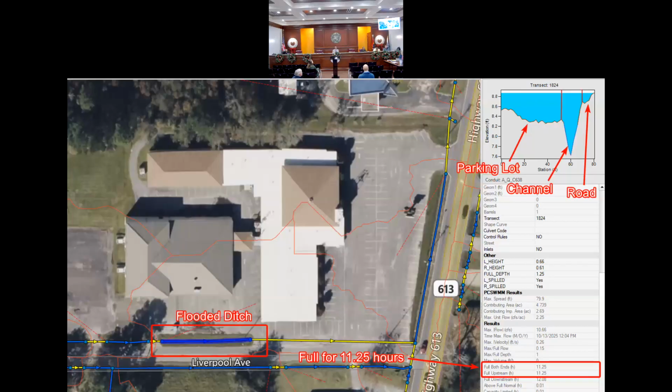So that is saying that this cross section is flooded for 11 and a quarter hours. This is just a small sample of the type of data that we can extract from a model. And luckily, this is one of those cases where the model accurately depicts that there are some flooding issues at a noted problem area.